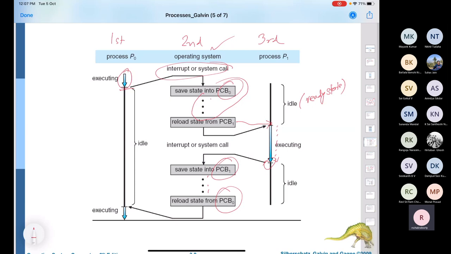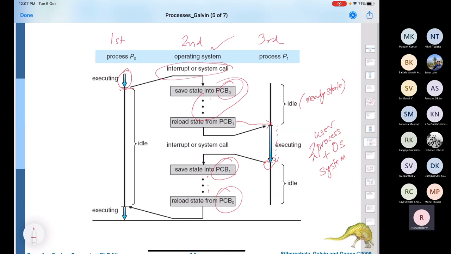Then it reloads PCB0. So there are only two processes in the ready queue, two user processes plus the OS. But two processes is typically a very low number; typically your system will have tens of processes.